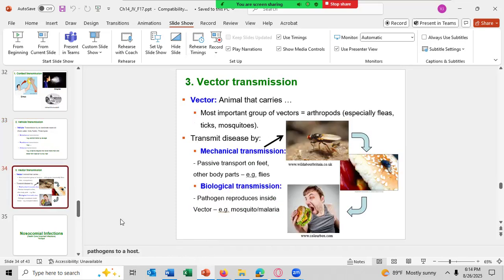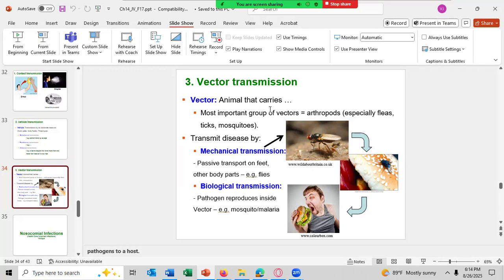Vector transmission is where an animal carries the disease-carrying organism to the susceptible host, the susceptible person. The vector is usually an animal, but the most important group of vectors are the arthropods, especially the biting fleas, ticks, and mosquitoes. But there can be other animals like a fly.